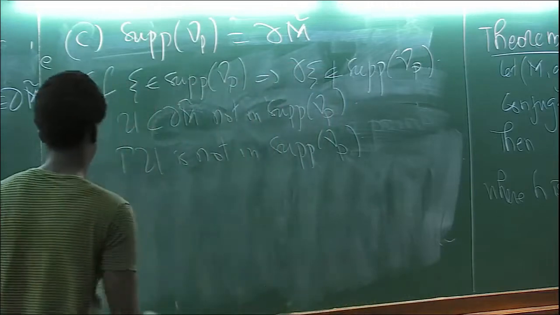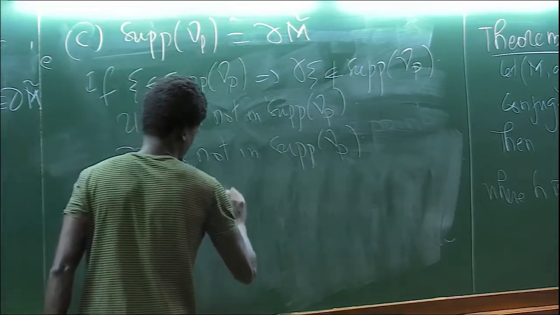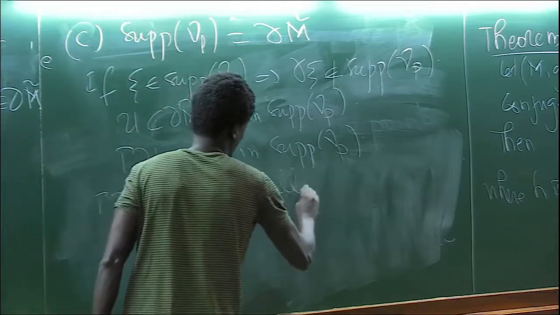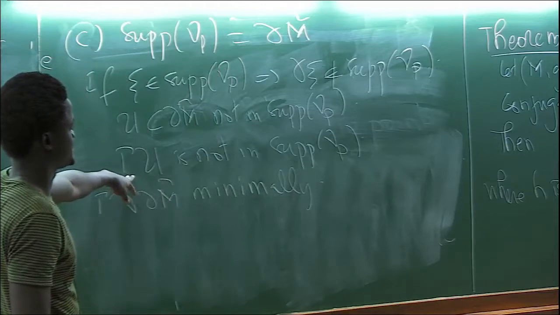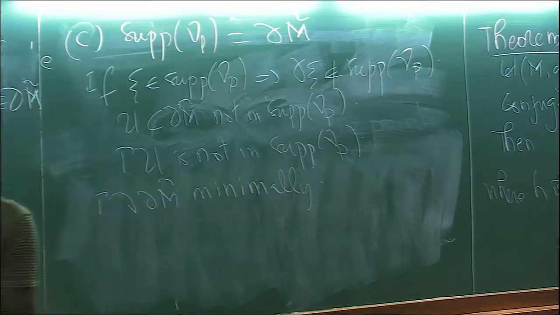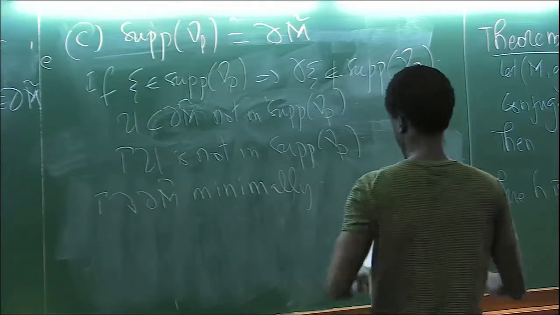There is a dense orbit, so gamma acts minimally. So what you will have is that the support is empty, and this will be in contradiction with the fact that the measures are absolutely continuous with respect to each other. So this is a way to prove this.